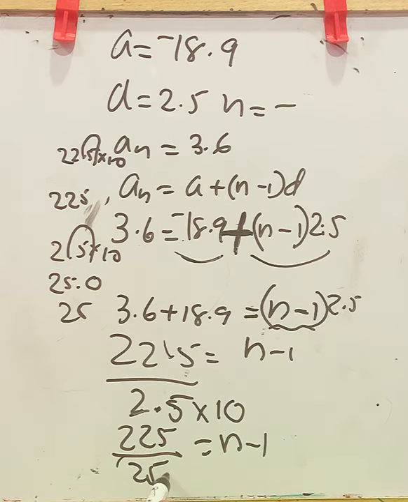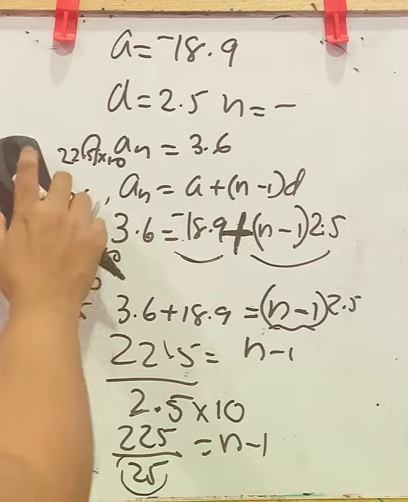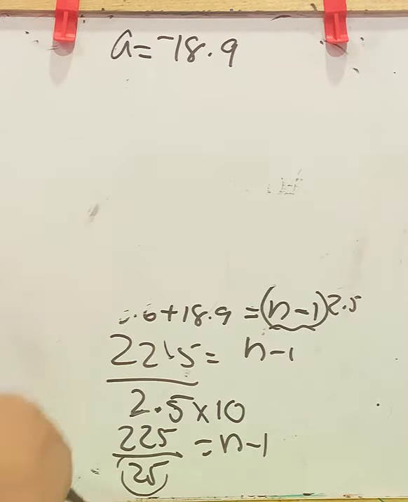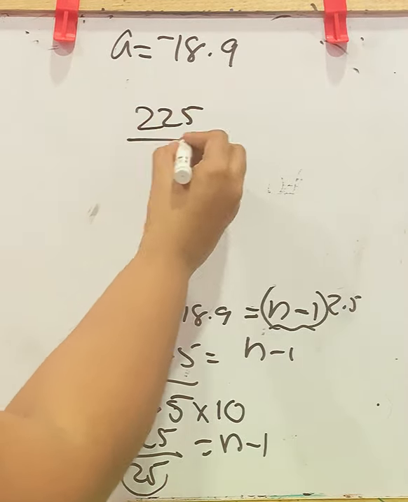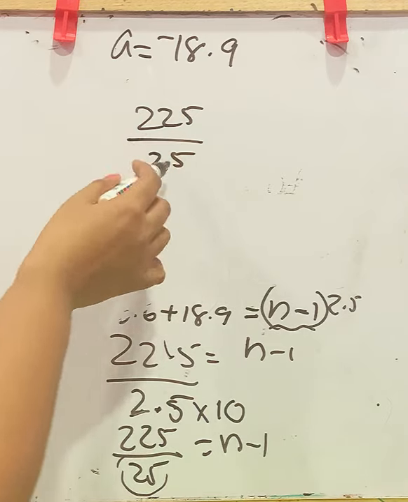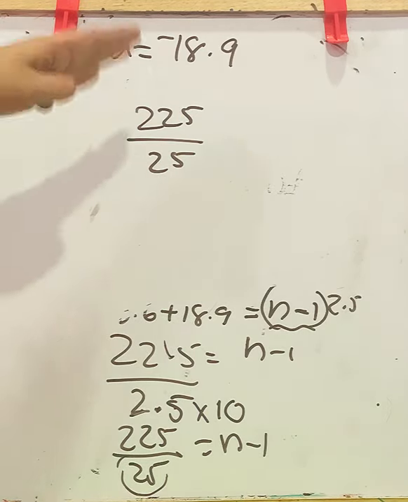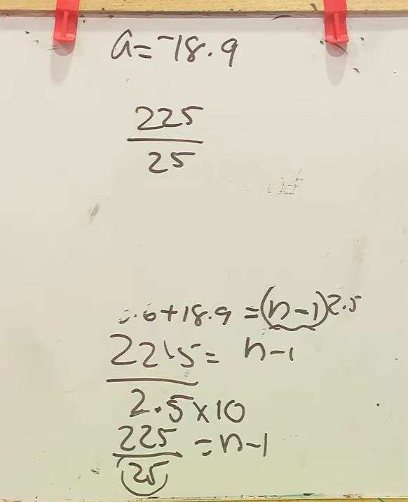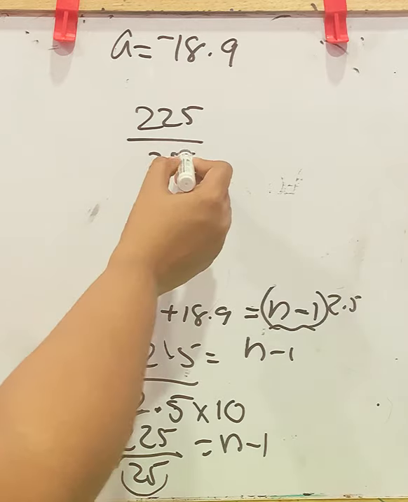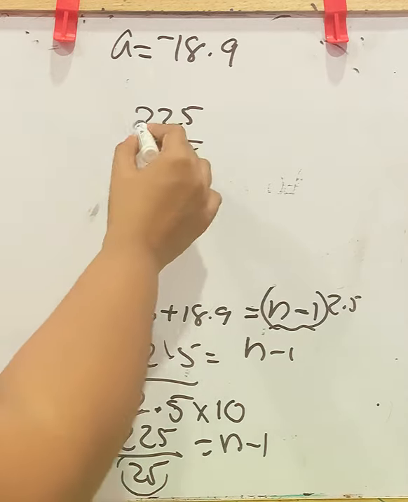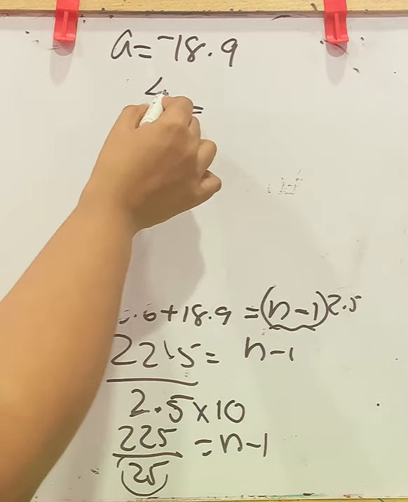225 is a multiple of 25. Either you can divide 225 with 25 because it is a multiple of 25, or you can cut with common factors. I will show how to cut. Here these two numbers are multiples of 5. So we will start with prime number 5. So 5 5s are 25. Here in 22, 5 4s are 20.